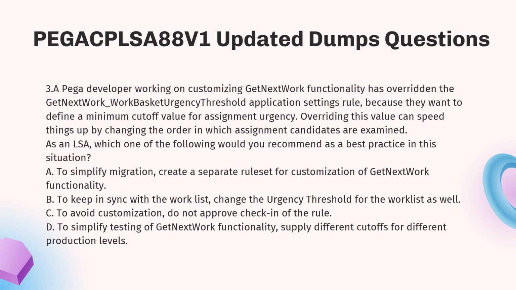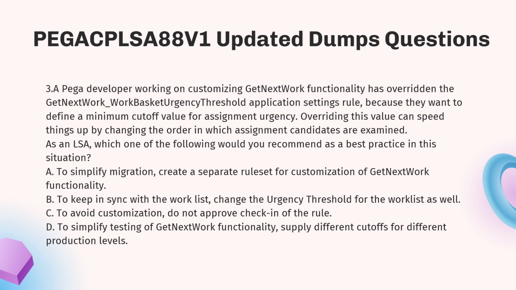3. A Pega developer working on customizing GetNextWork functionality has overridden the GetNextWork_workbasket urgency threshold application settings rule, because they want to define a minimum cutoff value for assignment urgency. Overriding this value can speed things up by changing the order in which assignment candidates are examined. As an LSA, which one of the following would you recommend as a best practice in this situation?